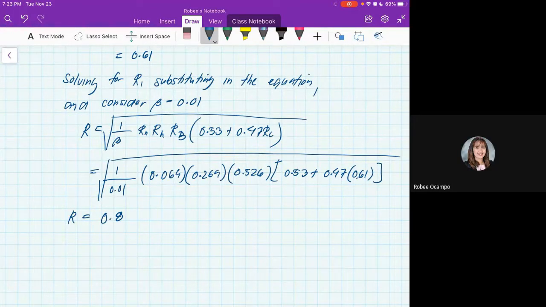Ano yung third significant figure? 2, ma'am. 0.892. So, our value for R is 0.892. Okay?